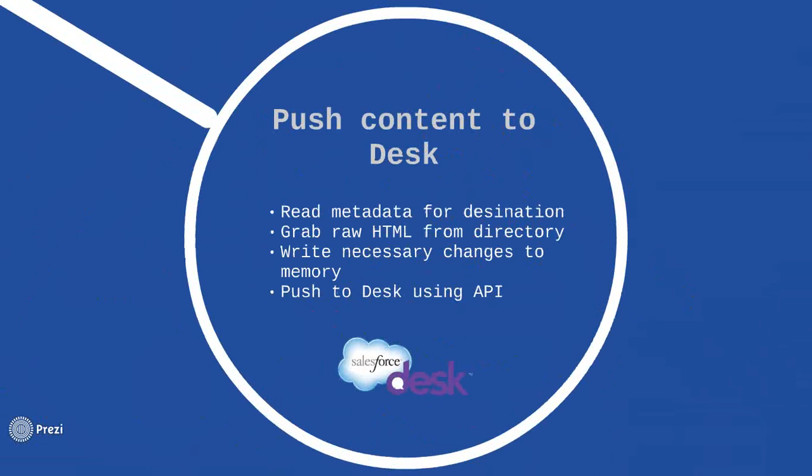If it does, it pushes the content through the Desk API to Desk under the same URL, overwriting the old data, so we can update as often as we want. So that's what it does when it comes through the HTML. It checks the map file for links, existing publications, and things like that.